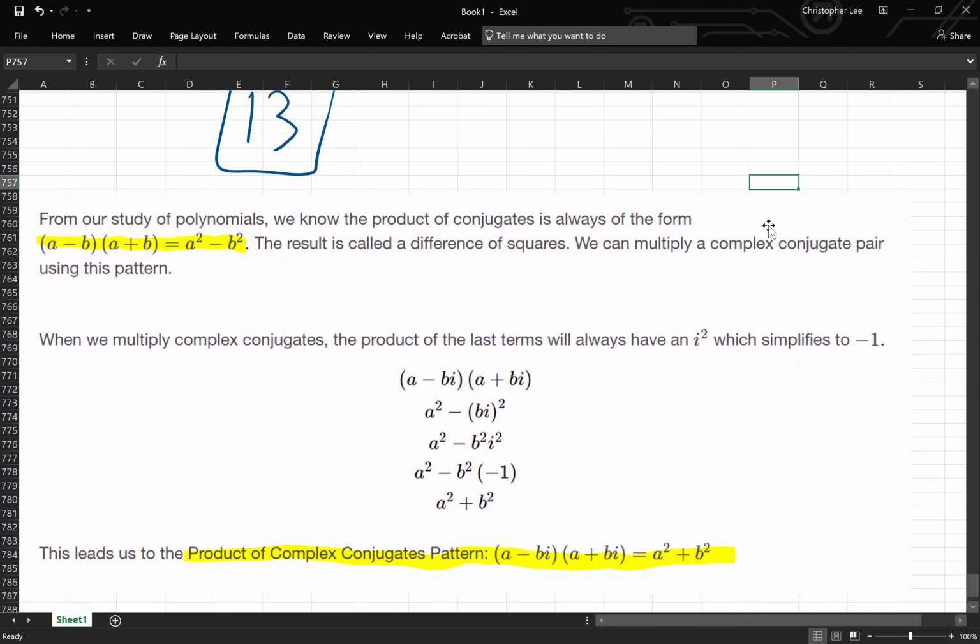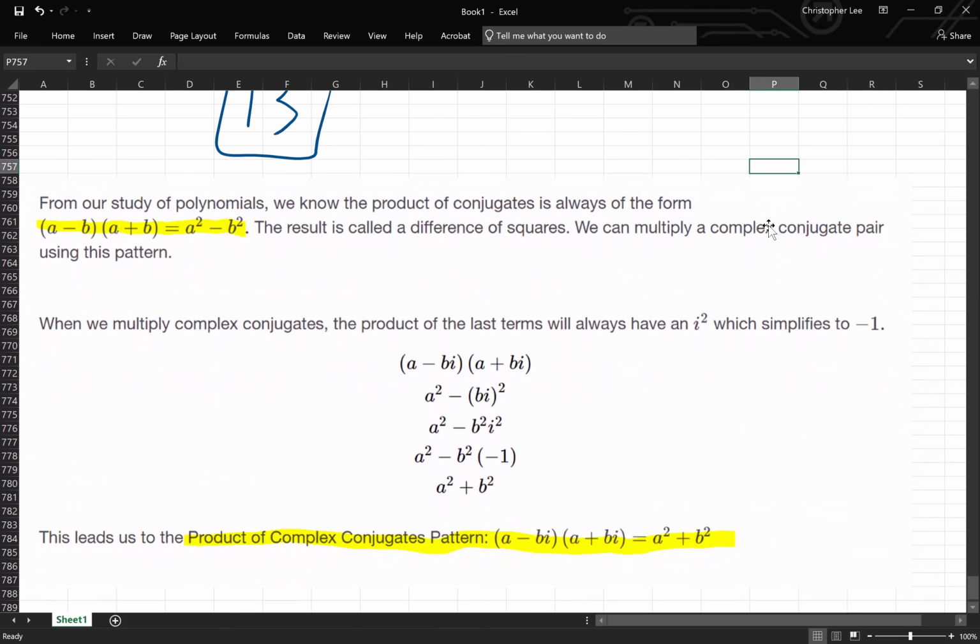So from our study of polynomials, we know the product of conjugates is always of the form a minus b times a plus b, or a squared minus b squared. The result is called a difference of squares. We can multiply a complex conjugate pair using this pattern. When we multiply complex conjugates, the product of the last term will have an i squared, which simplifies to negative 1.